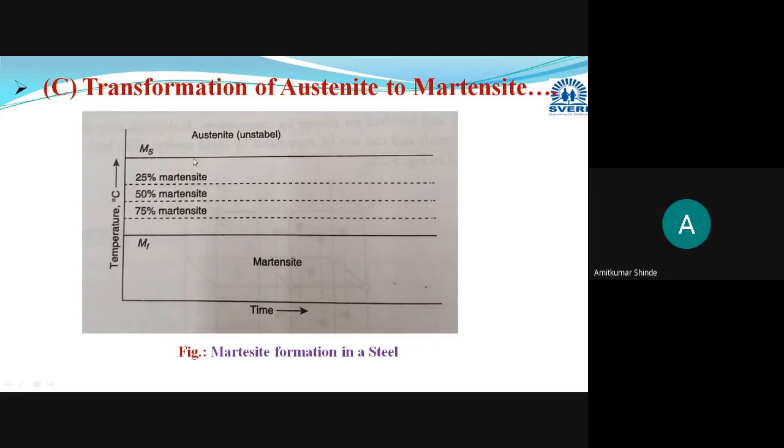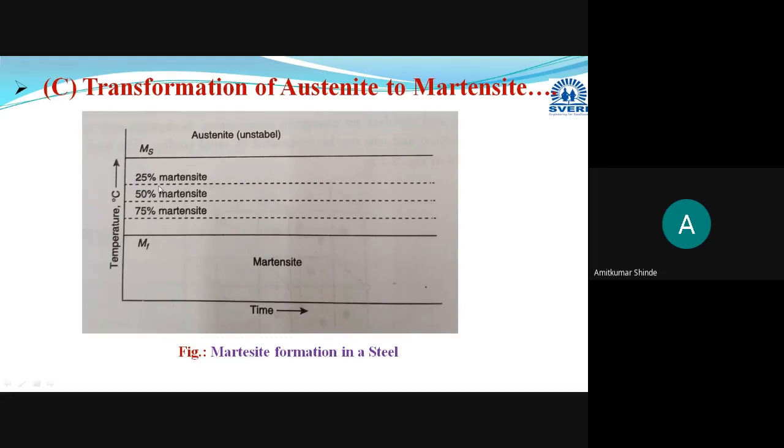Now here, at different temperature ranges, at this temperature and this much time, 25% martensite, 50% martensite, 75% martensite will be there. Whenever you are cooling at different time intervals and different temperature zones, the percentage of martensite will be different.